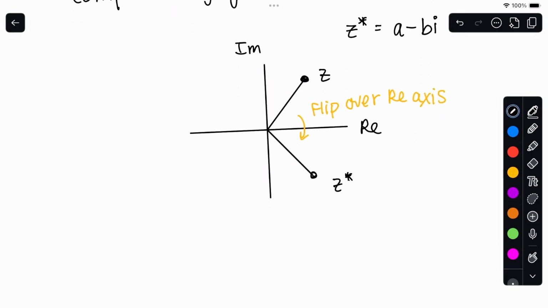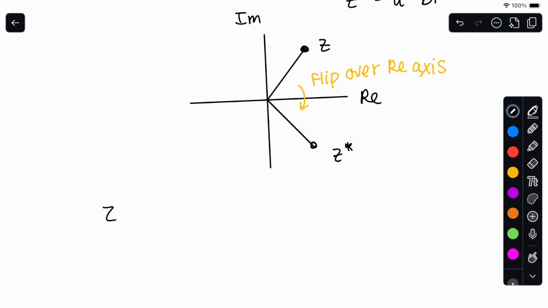One of the things that comes out of this very naturally is that when you multiply a number by its complex conjugate, you will always get a real number. So for instance, if z equals r e to the I theta, then z star is going to be r e to the minus I theta.